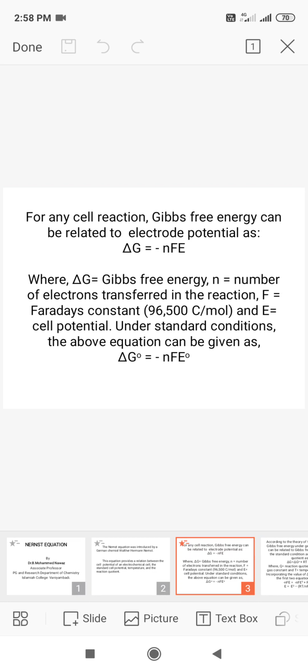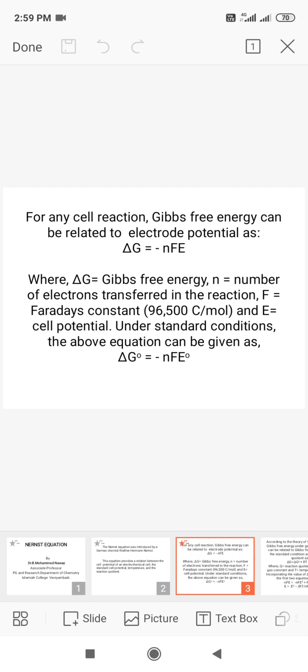It will occur. That's why delta G is equal to minus nFE, where delta G is Gibbs free energy, n refers to the number of electrons transferred in an electrochemical reaction, F represents Faraday, that is equal to 96,500 coulombs per mole, and E is EMF, that is cell potential.